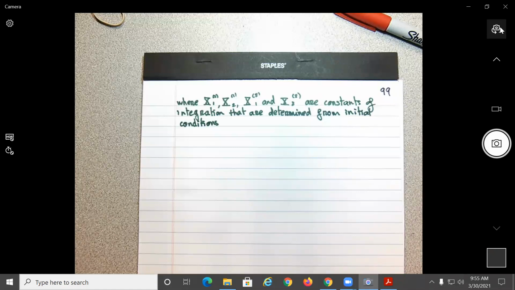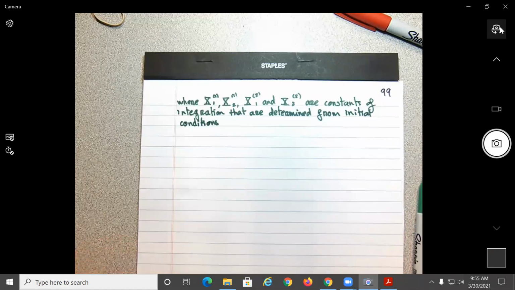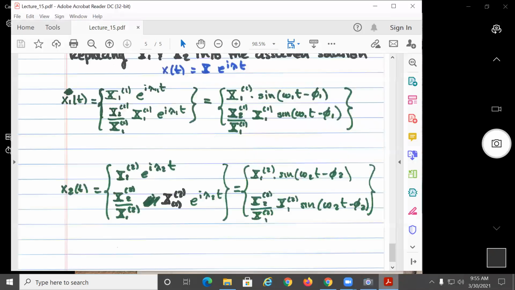Okay, so you need two initial conditions for the first equation, two initial conditions for the second equation, no? For each one of them.